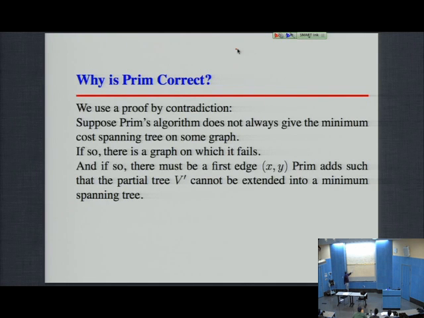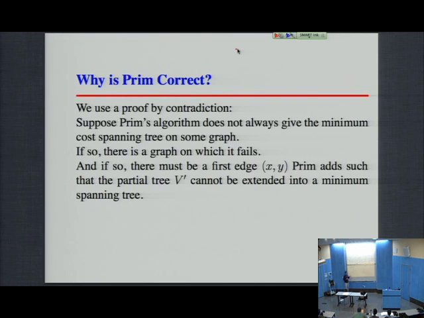And at some point when I do that, a bell is going to go off. Ding, ding, ding, ding. What has happened? If Prim's algorithm is going to make a mistake on this graph, is not going to give me the minimum spanning tree, at some point I must have made a lethal mistake, where adding this edge was fatal.